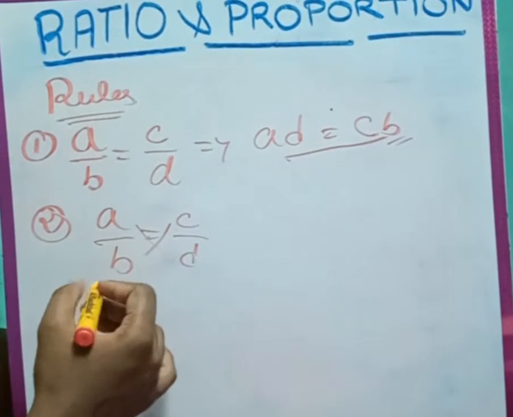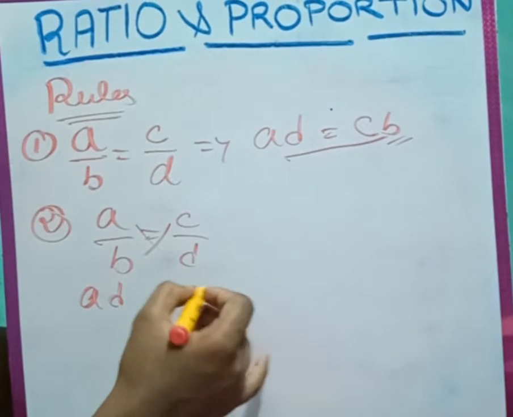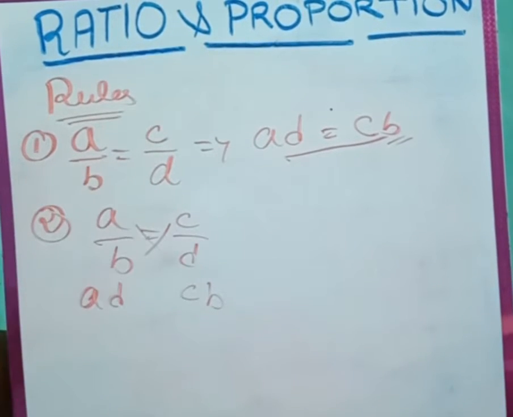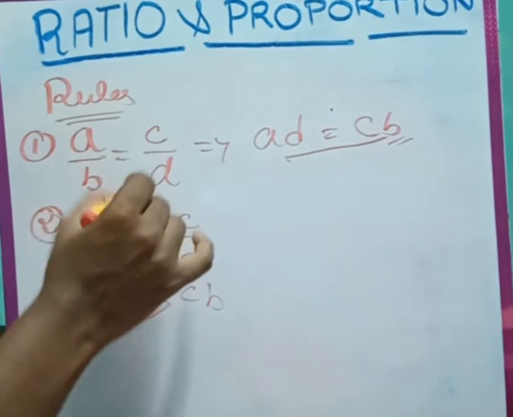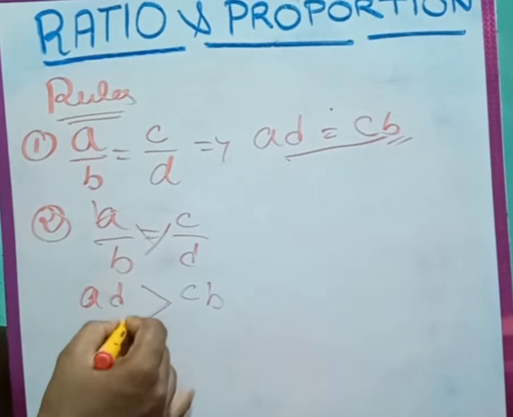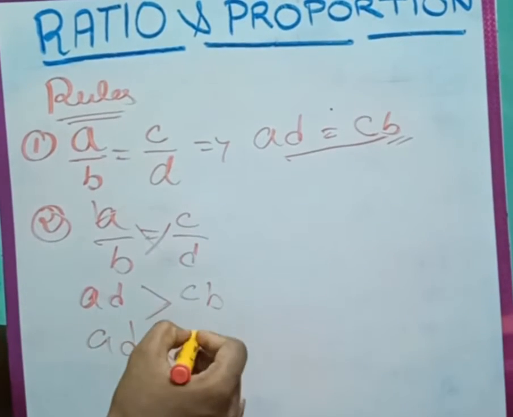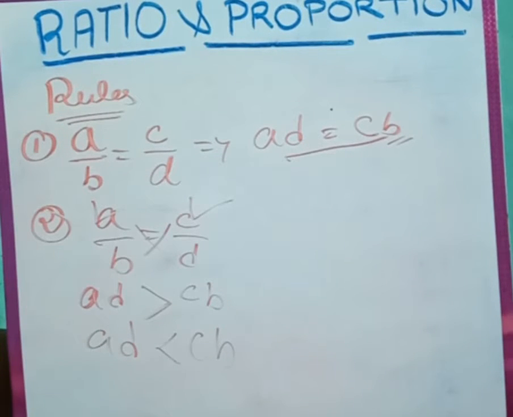When we cross multiply, what will we get? a by d and c by b, right? In case a by d is greater than c by b, then the first expression will be the greater one. In case a by d is smaller than c by b, then the second expression will be the greater one.